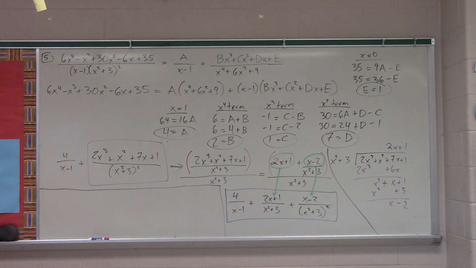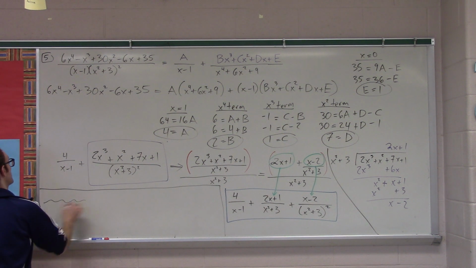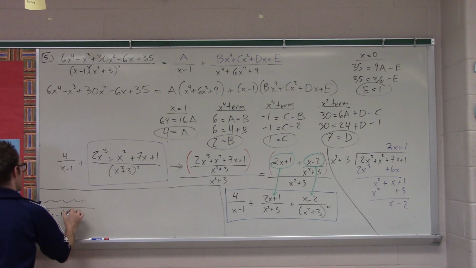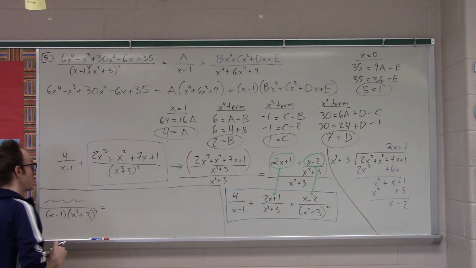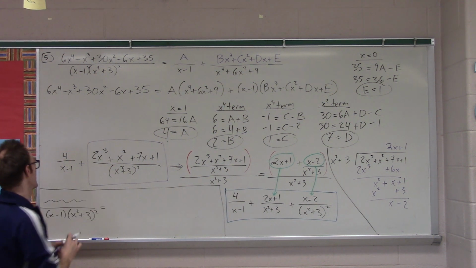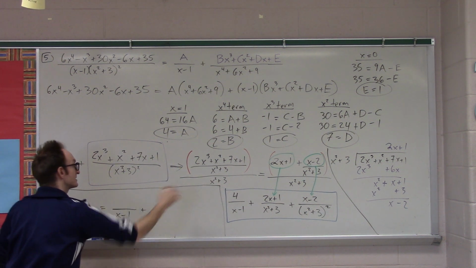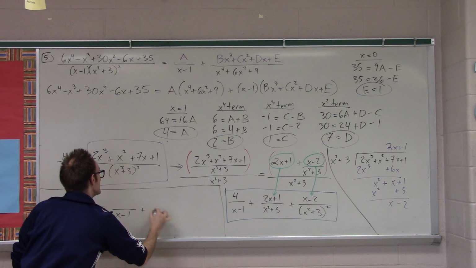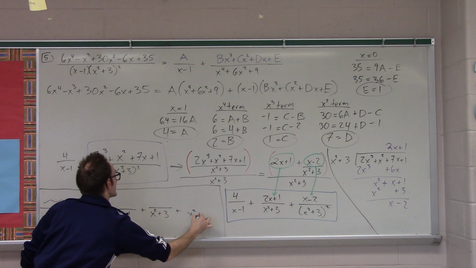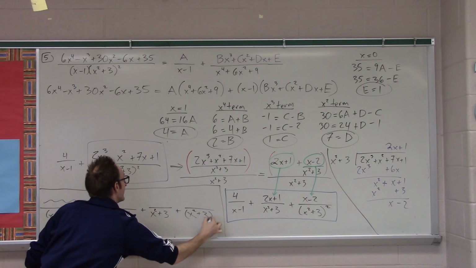Knowing what we do now, in the future, we should always do the following. Given this exact same problem, where you have some stuff over x minus 1 times x squared plus 3 squared, expecting this result, we should just write this as some number over x minus 1, plus some number over x squared plus 3, plus some number over x squared plus 3 squared.